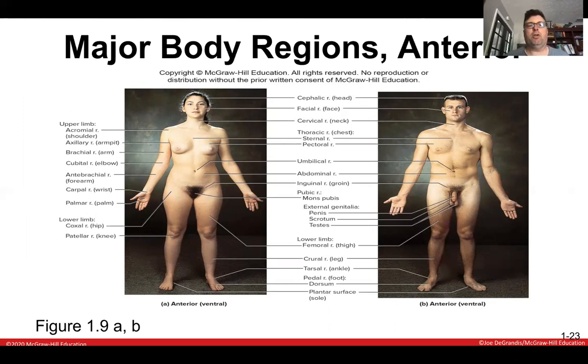There are also terms that are used to describe the major body regions that I will want you to be familiar with. Again, we're introducing them early, and we're going to practice them a lot.